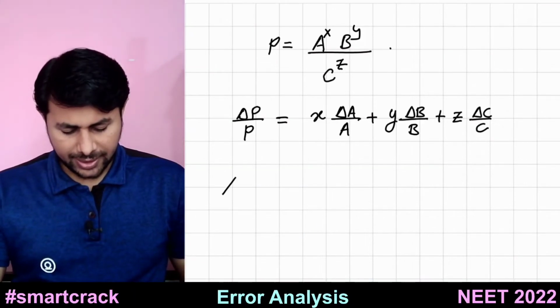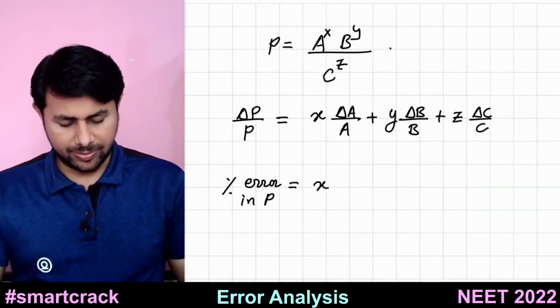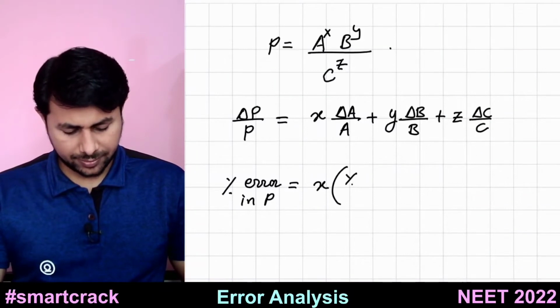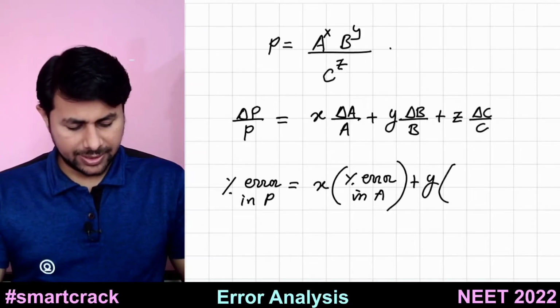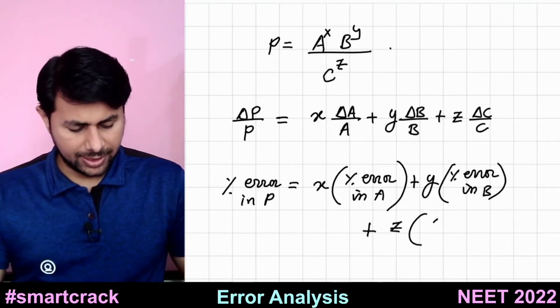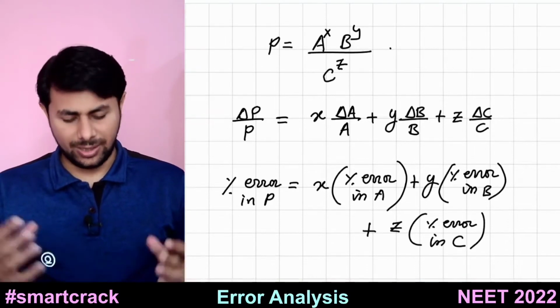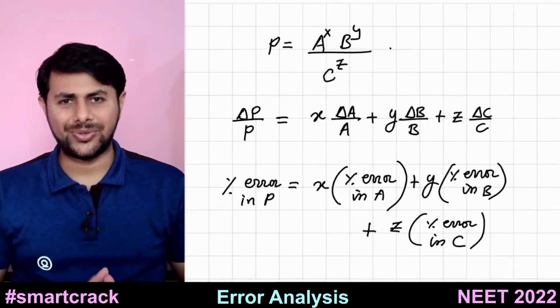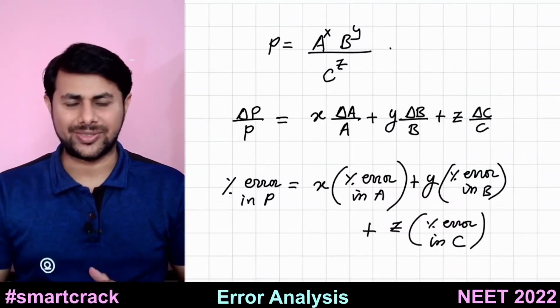So the percentage error in P will be equal to what? x times the percentage error in A plus y times the percentage error in B plus z times the percentage error in C. All right, so this is all we need to know in the theory of error analysis to be able to solve the problems.